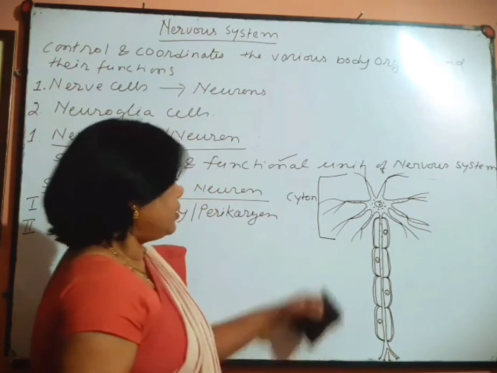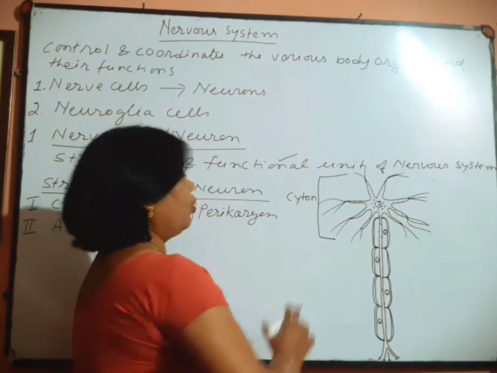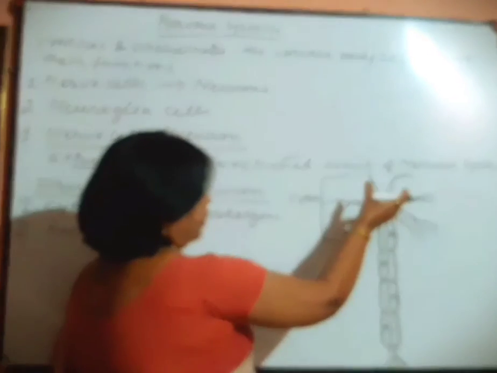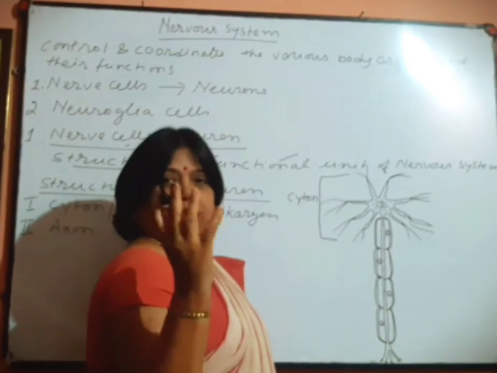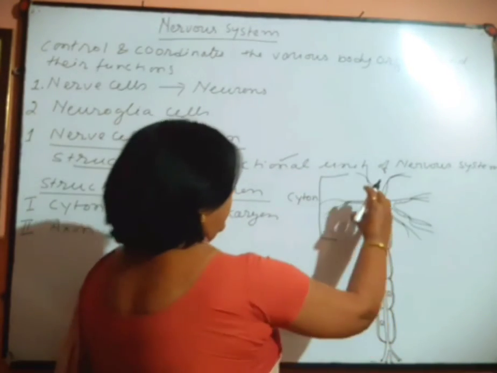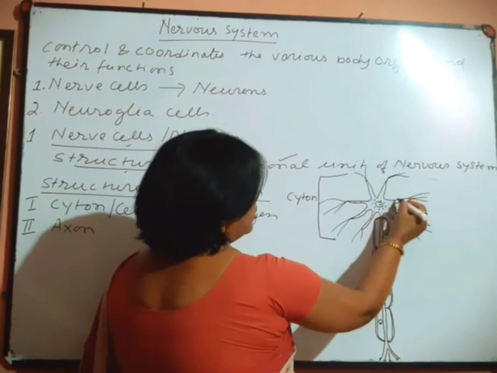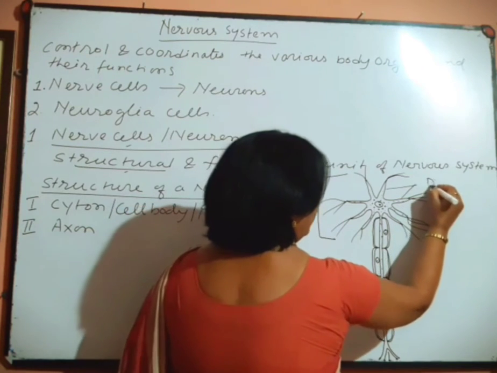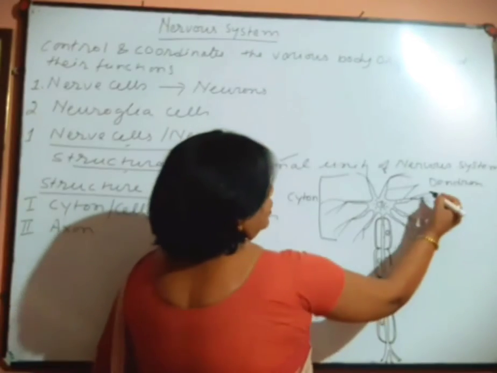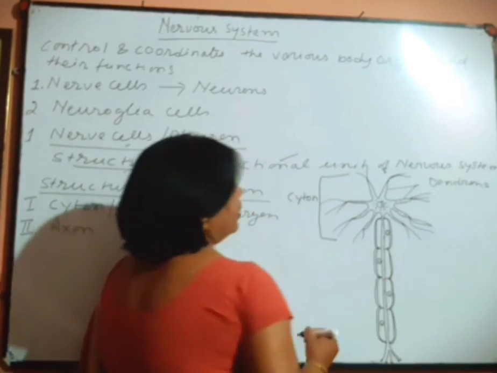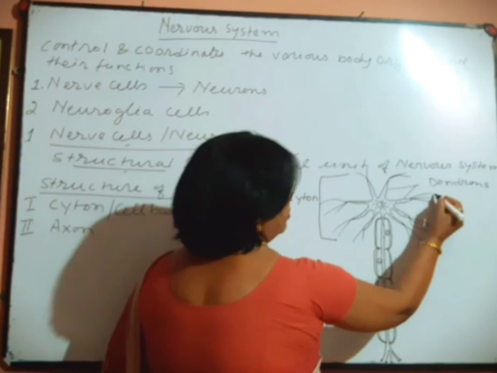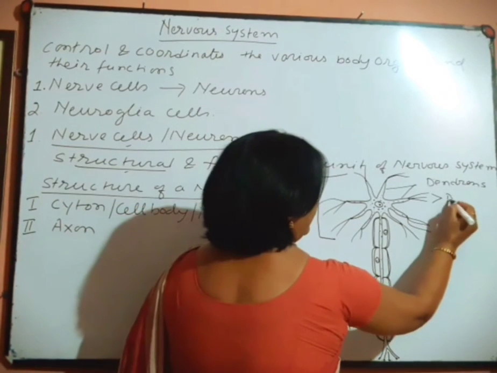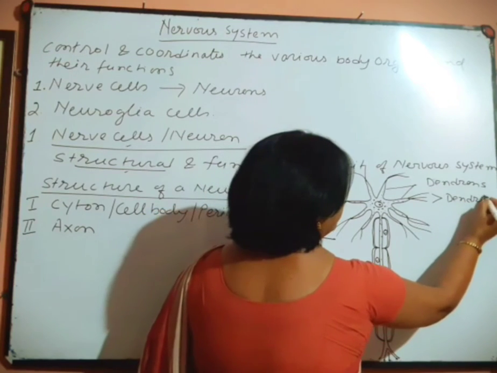Now, this is the diagram of a neuron. The upper or anterior part of the neuron, the cytone, is star shaped, and it has protoplasmic projections known as dendrons. These dendrons end in fine fibers, and these fibers are known as dendrites.